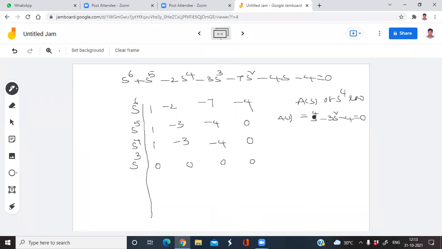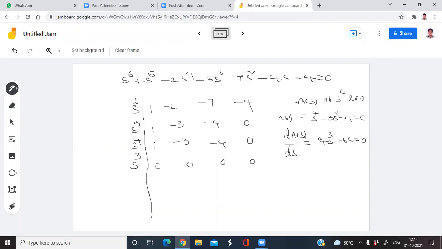But here I want to write the row for s^3, not for s^4. So if I want the elements for s^3, that's why you have to differentiate. When you differentiate, dA(s)/ds equals 4s^3 minus 6s equal to 0.